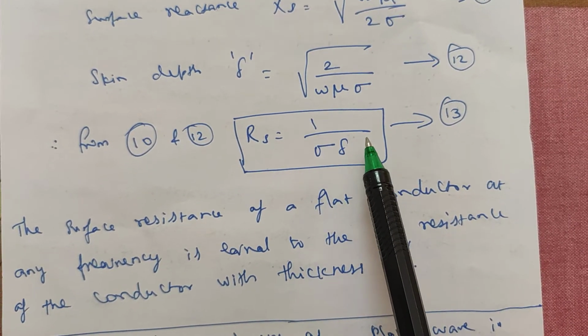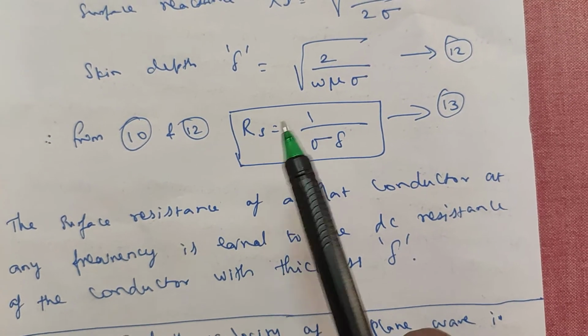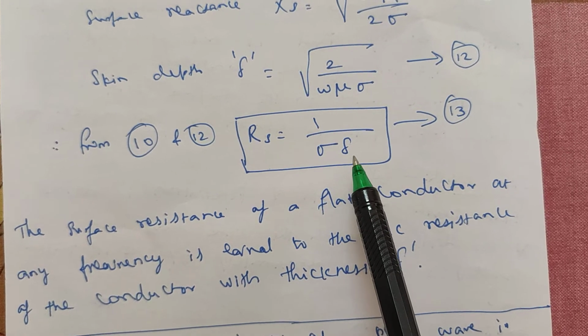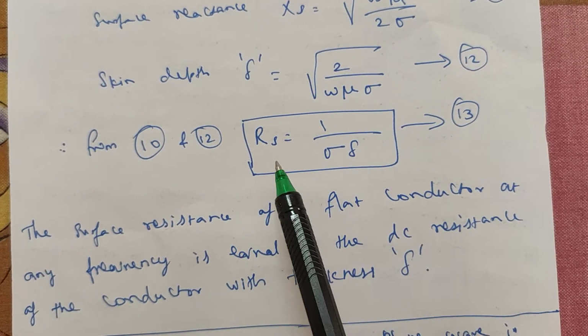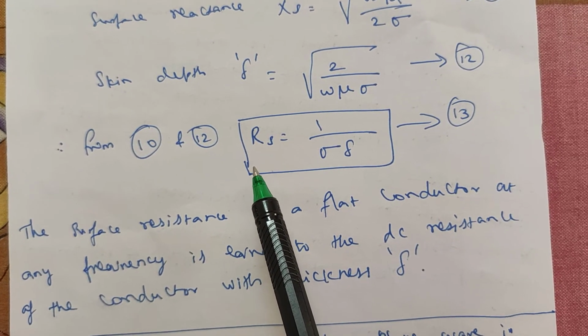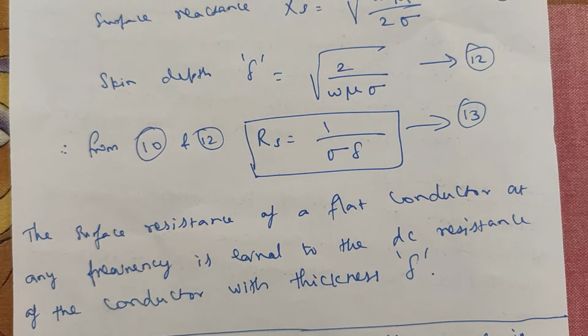So as long as skin depth is more, the surface resistance will be less, or we can put it in another way, when conductivity and skin depth are less, the resistance will be more, or when resistance is more, the conductivity and skin depth will be less, right?